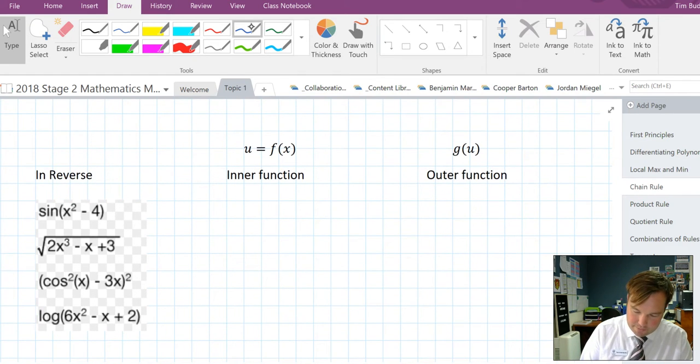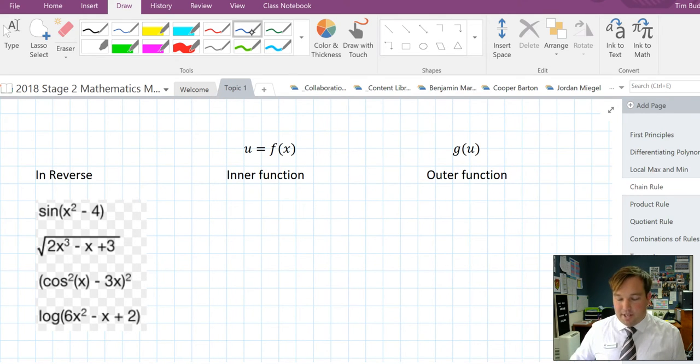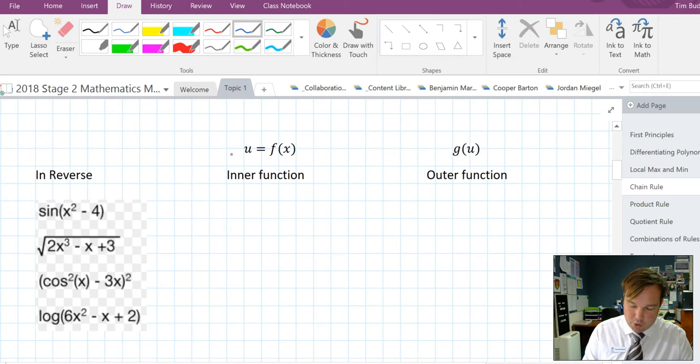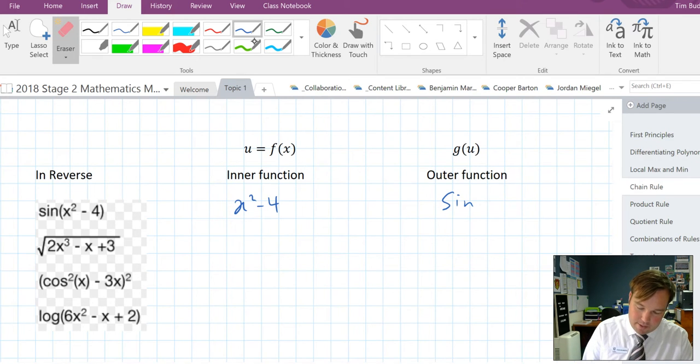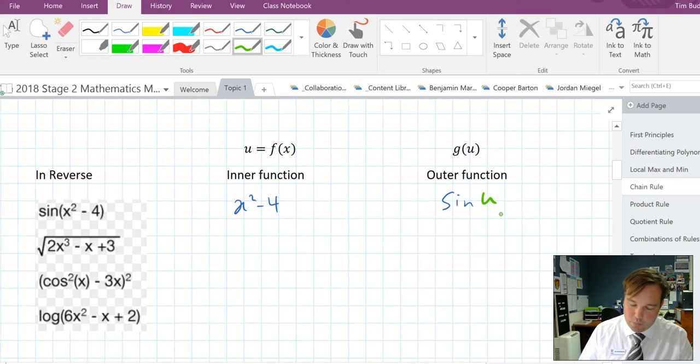In reverse now, given a function, we want to try and split it into an inner function and an outer function. The inner function in calculus we often call u. Here the inner function would be x squared take 4, and that's been thrown inside a sine x function. Or what we can say is that we call it sine u, where u is equal to x squared take 4.